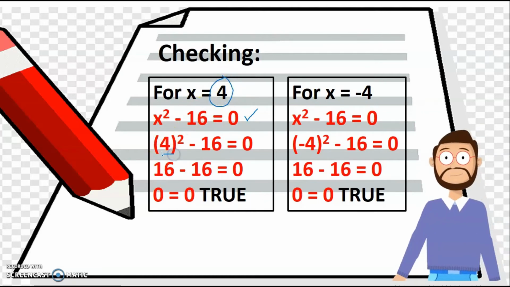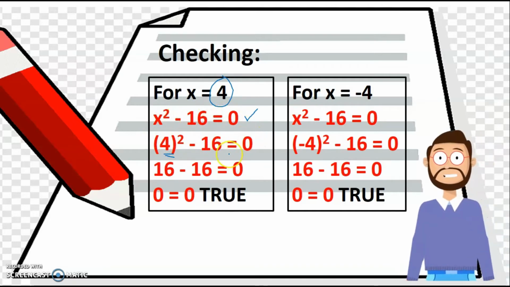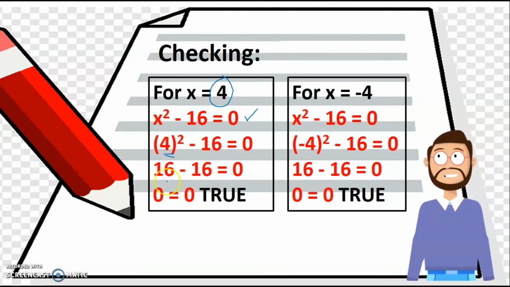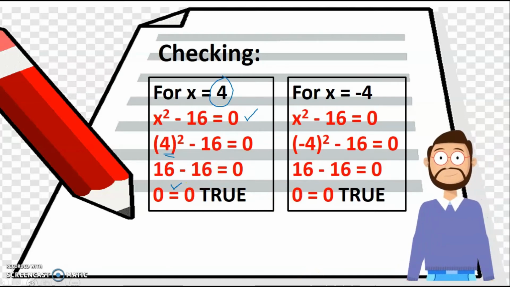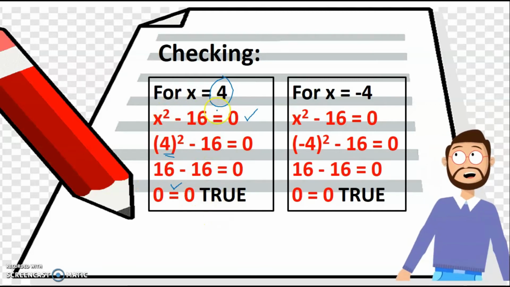So we have here 4 squared minus 16 equals 0. 4 squared will give you 16. 16 minus 16 will give you 0, equals 0. Since they are equal, meaning the equation x squared minus 16 equals 0 is true when x equals 4.